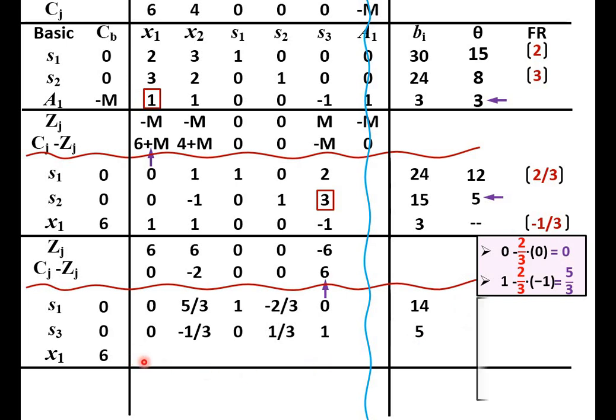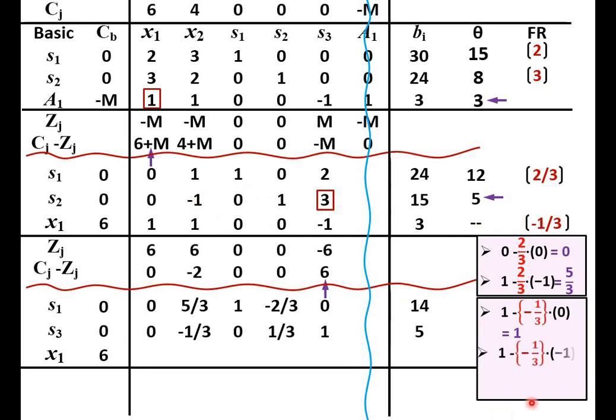Now here, 1 minus minus 1 by 3 into 0. So it will be 1. Next, 1 minus minus 1 by 3 into minus 1. So here minus minus plus, so we can say 1 minus 1 by 3, and so that it will be 2 by 3.